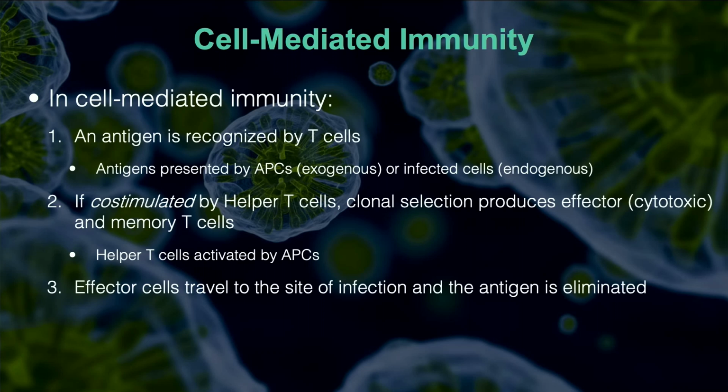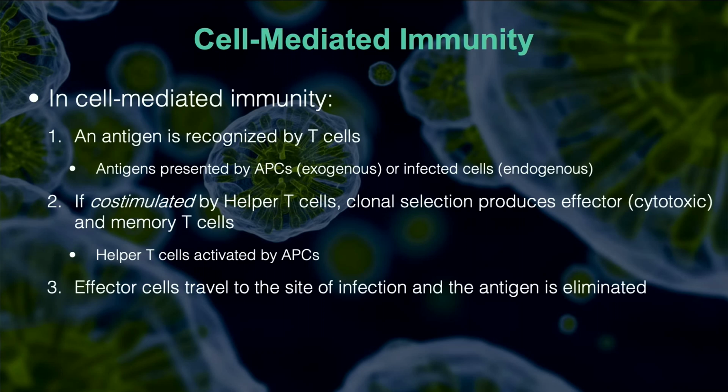Now we have T cells available, clonal selection ensued, the new active T cells then travel to the sites of infection, wherever they happen to be. When they travel to the sites of infection, they kill the antigen. They kill the microbes, they eliminate the cells through the mechanisms that we saw in the video and the mechanisms I will show you briefly on the next slide.